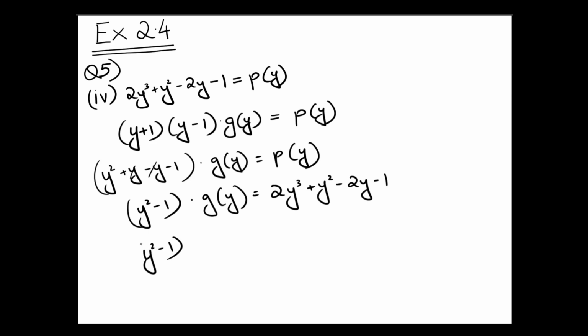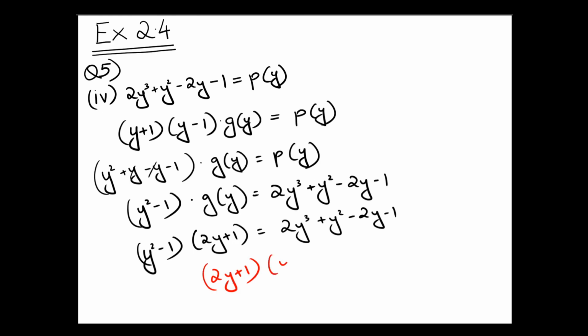The solution we get is y square minus 1 multiplied by 2y plus 1, which gives the polynomial 2y cube plus y square minus 2y minus 1. And hence the factorization can be written as 2y plus 1 multiplied by y plus 1 into y minus 1. And that's the solution for the fourth part.